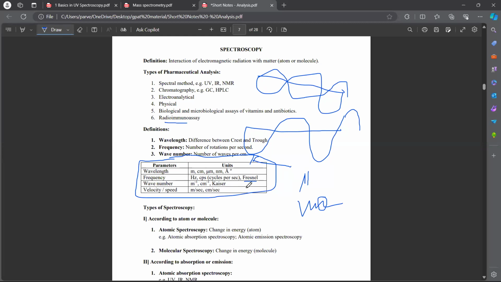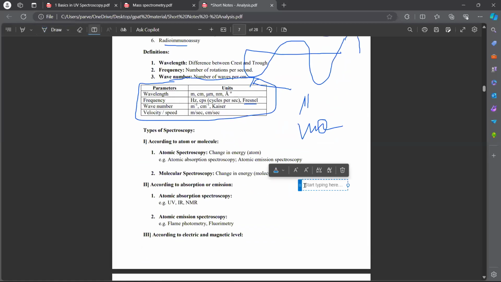Next, there is a relationship between wavelength, frequency, and energy. There is a classical equation: E equals hc by lambda.